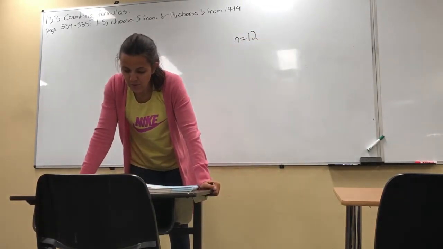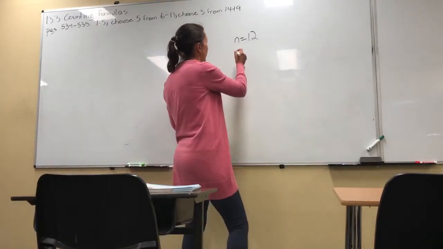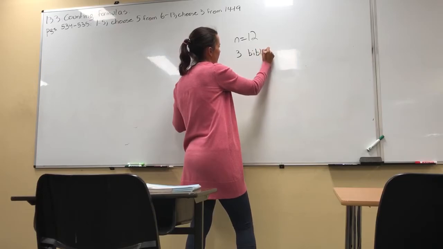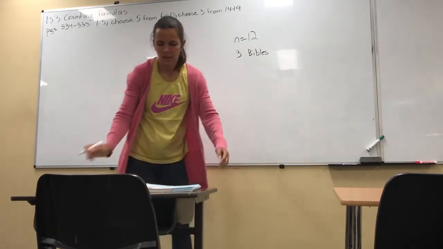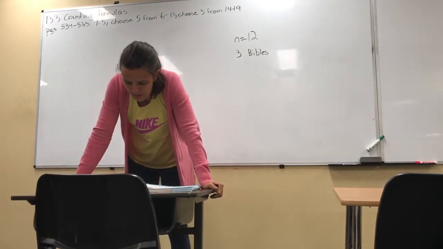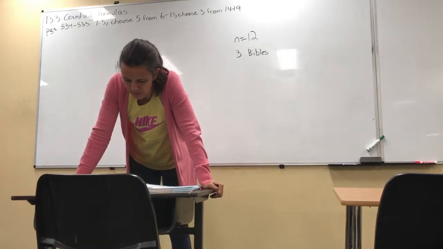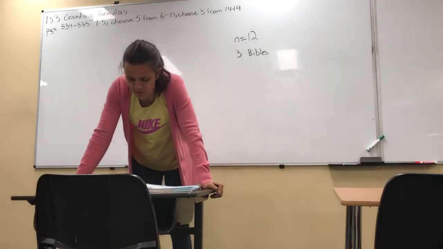The books consist of 3 identical Bibles. What else is identical? A concordance, a Bible dictionary. I'm not writing these down because there's only one of each of them. 2 copies of a favorite devotional book.